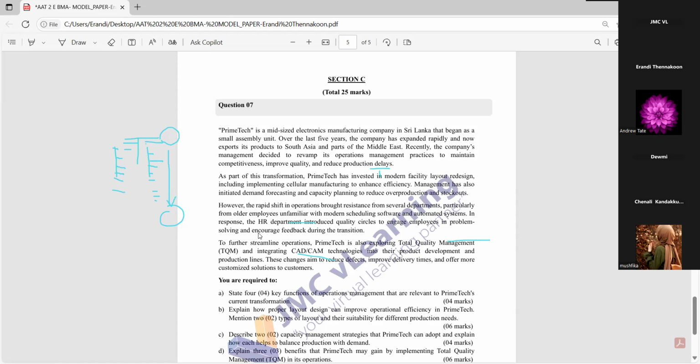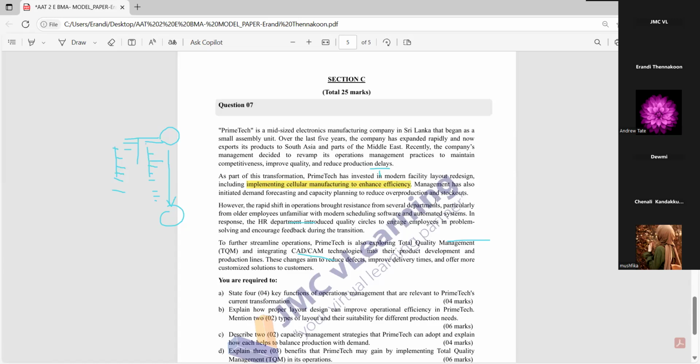Recently, the company's management decided to revamp its operation management practices to maintain competitiveness, improve quality, and reduce production delays. As a part of this transformation, PrimeTech has invested in modern facility layout redesign, including implementing cellular manufacturing to enhance efficiency, right?